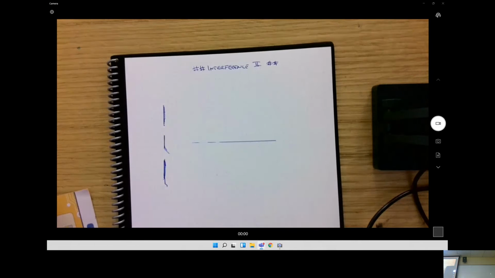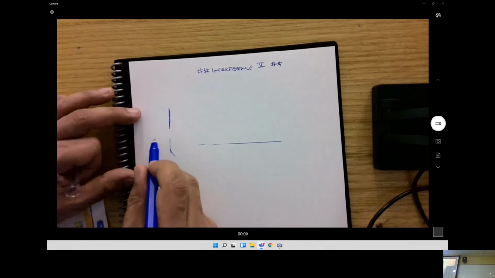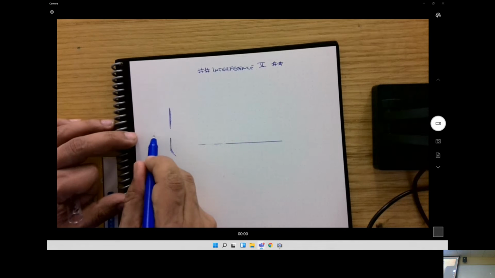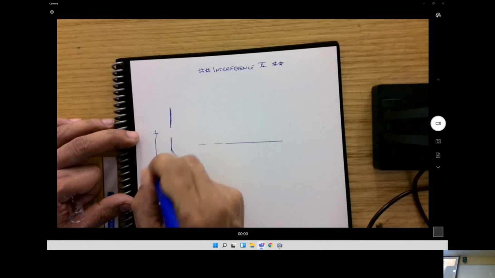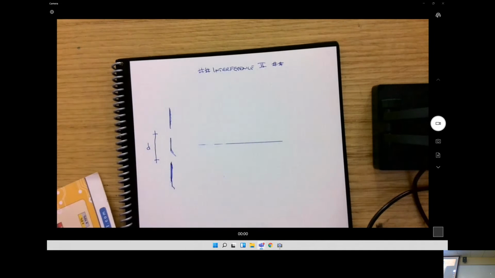Okay, so I have my two apertures. I know that there's going to be a distance d between the two of them. And I'm going to have light passing through those apertures.